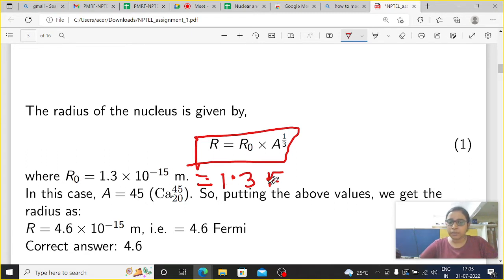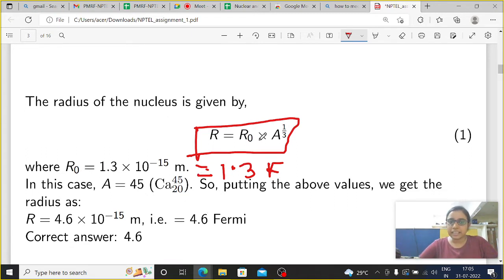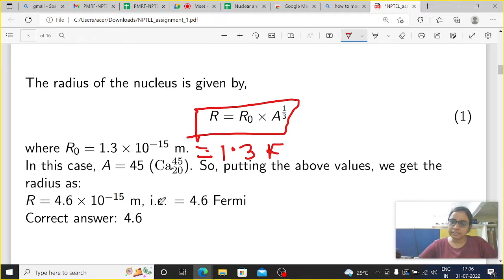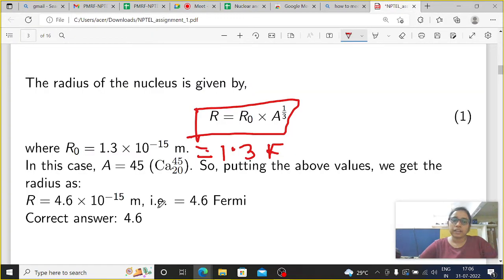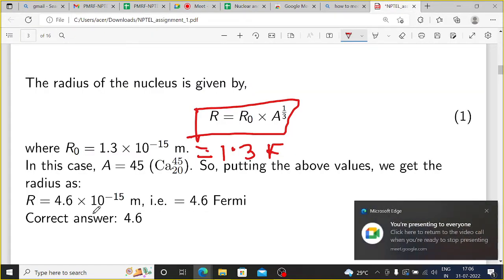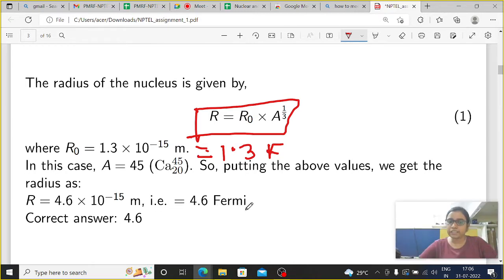So r0 is 1.3 Fermi, and A is 45, as I already told in the previous slide. By putting the above values, we get the radius of calcium 20, 45 as 4.6 into 10 to the power minus 15 meter, which is nothing but 4.6 Fermi.